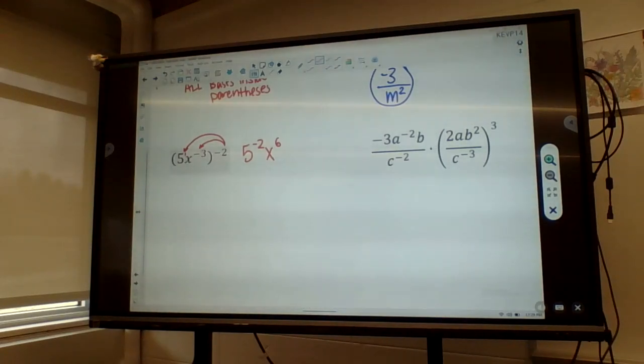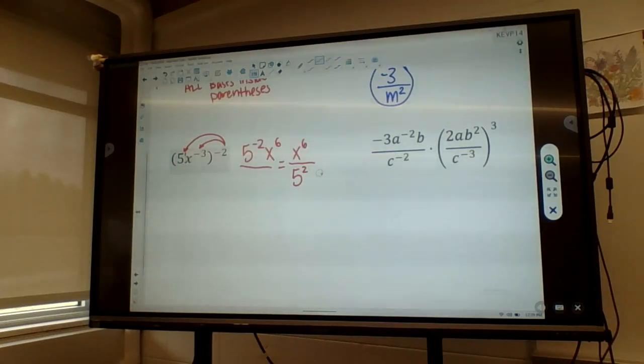Now, math people don't like negative exponents. You'd probably say you don't care about negative exponents one way or the other. But in the math world, and we want to have the lingo down, we're going to have no negative exponents. Currently, this is all on top. So anytime I have a negative exponent, I'm going to change its position in the fraction. So this is going to become a 5 to the 2nd in that fraction.